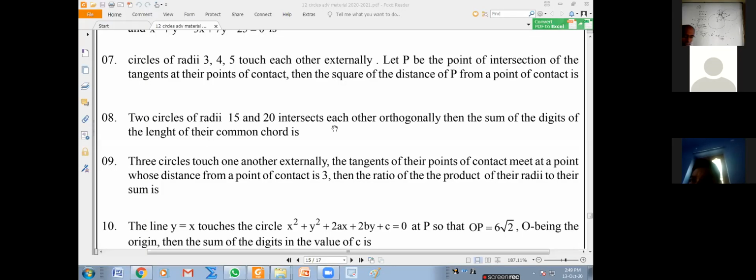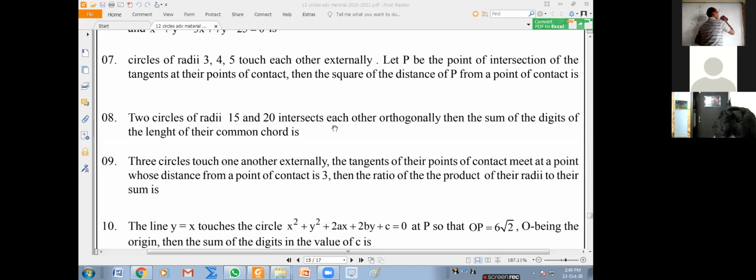Okay, everybody completed seventh question, right? Ninth question is also similar, the ingredients are given and they want something else.